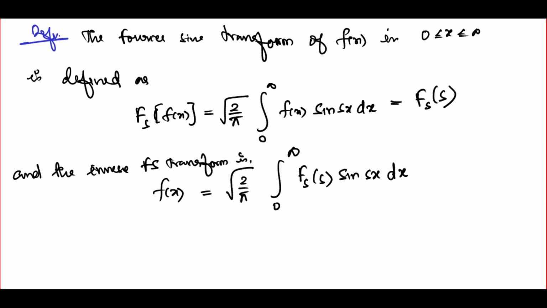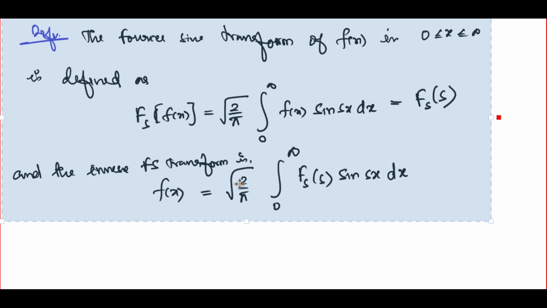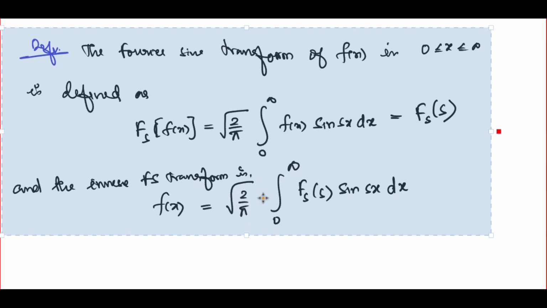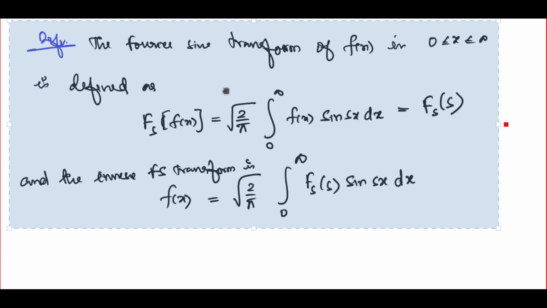Now the same thing I can write for the cosine transform as well. I can select the complete thing, copy and paste it and replace something.